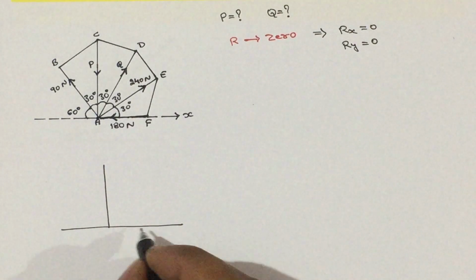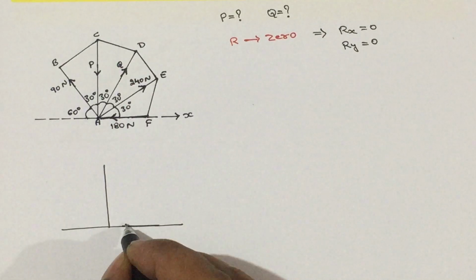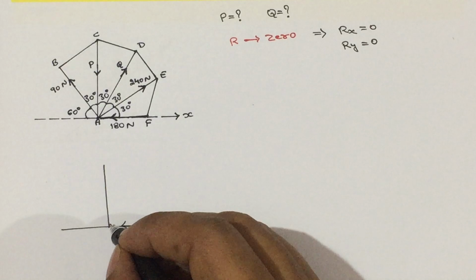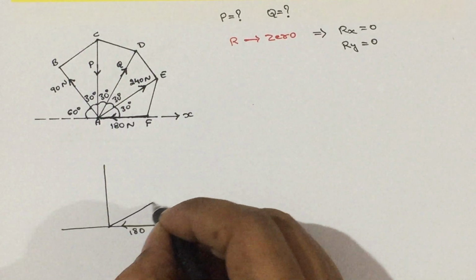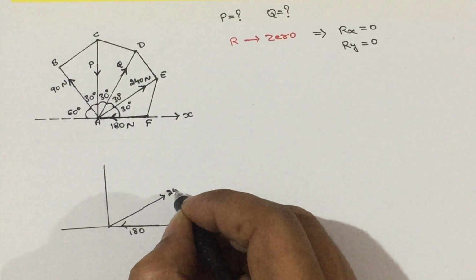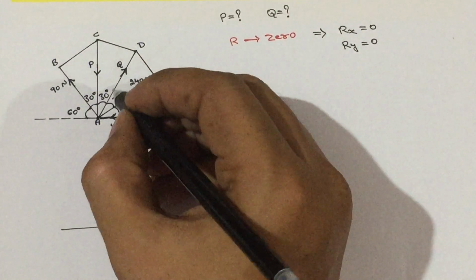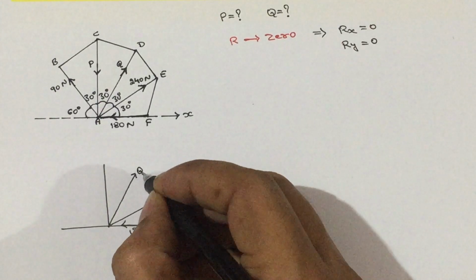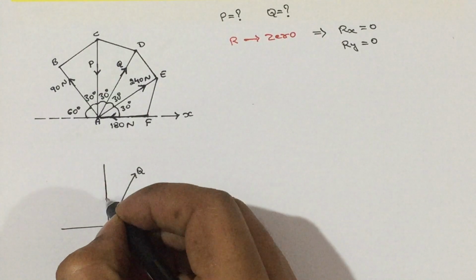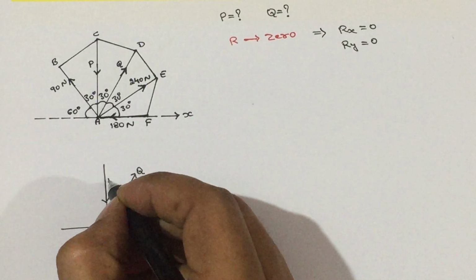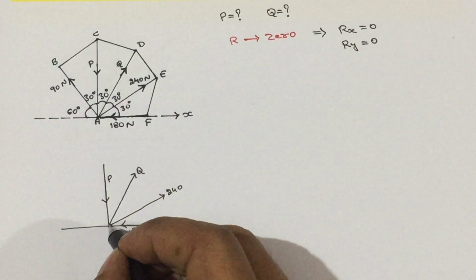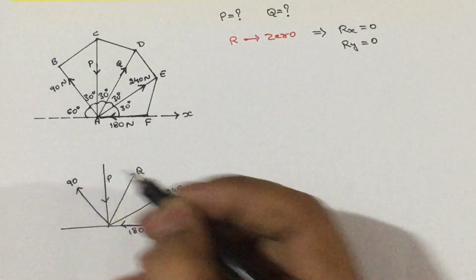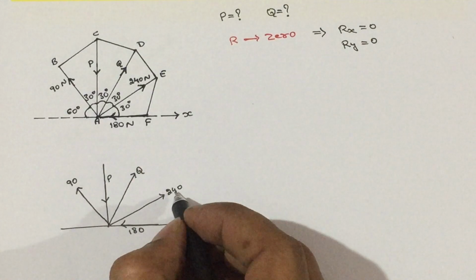Along the x axis the 180 Newton is acting, then here we have 240, then we have Q, then along the vertical line the P force is acting, then here we have 90 Newton. The angles are provided.